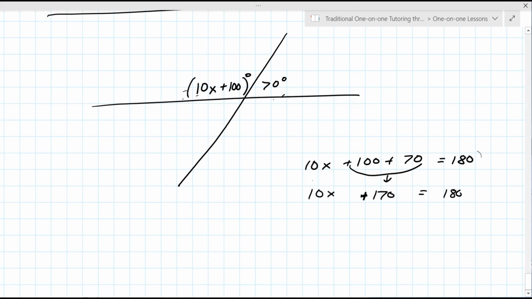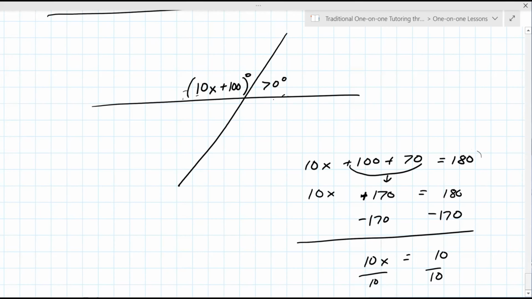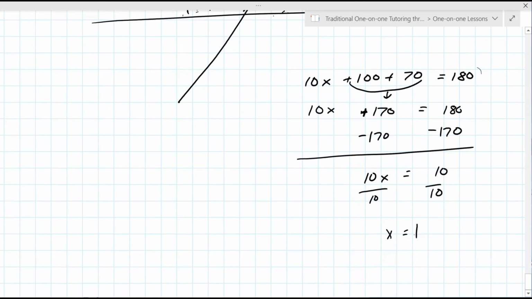Undo 170. You subtract 170 from both sides of the equation. So 10x equals 10. And then you divide both sides by 10. And x equals 1.